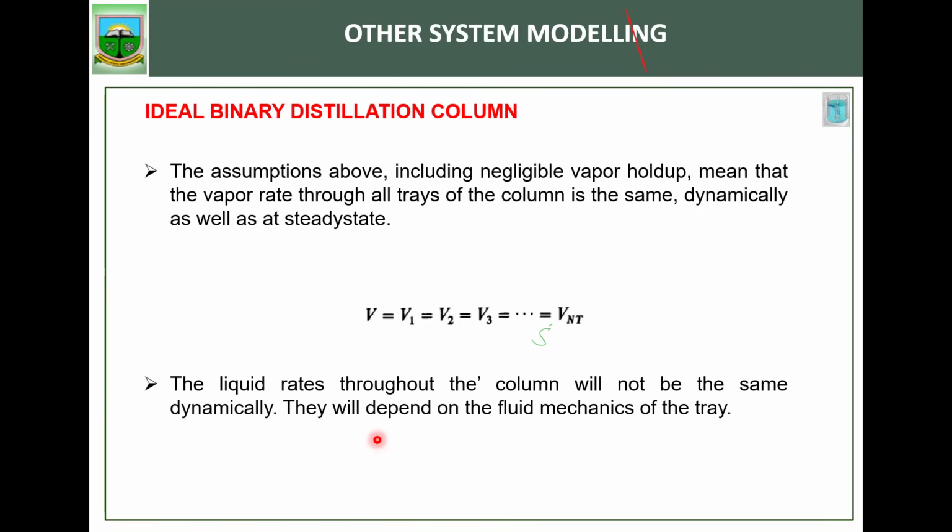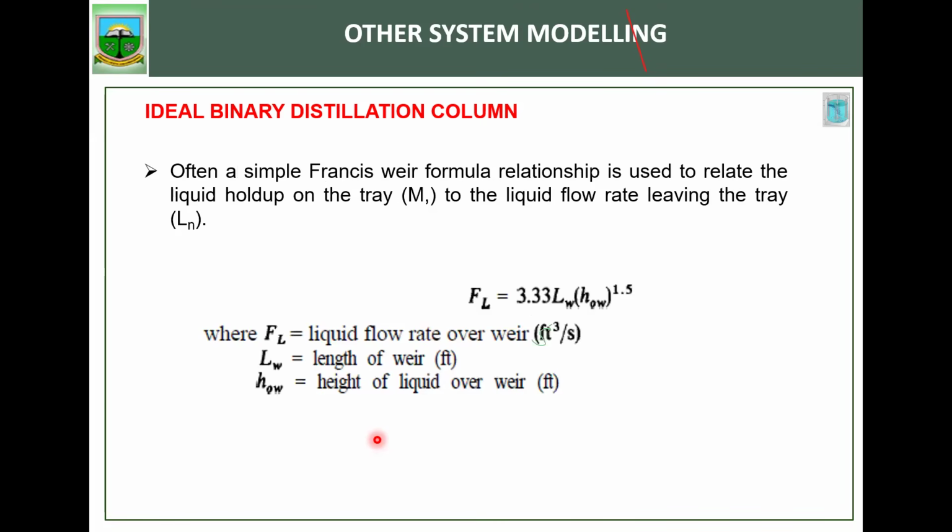So you see that V is equal to V1 is equal to V2 is equal to V3 for each of the trays. Also, the liquid flow can be simplified with a Francis weir formula relationship. So we use this formula to calculate the liquid holdup on each tray.